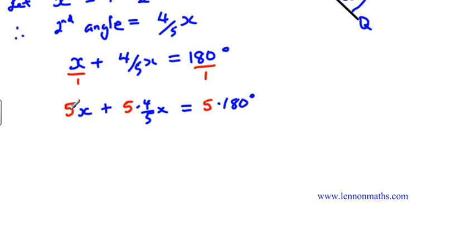So 1, 5, and 1, the LCM is 5. So multiply each term in the original equation by 5. That should be straightforward. Now let's simplify. 5 times x, obviously that's 5x.